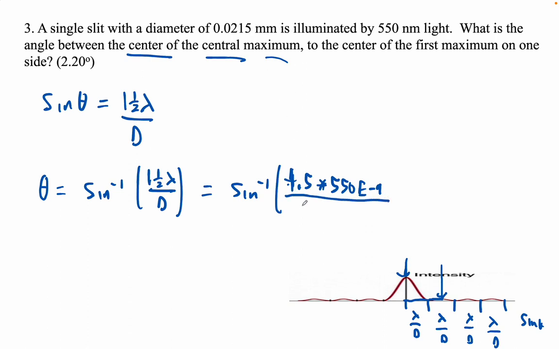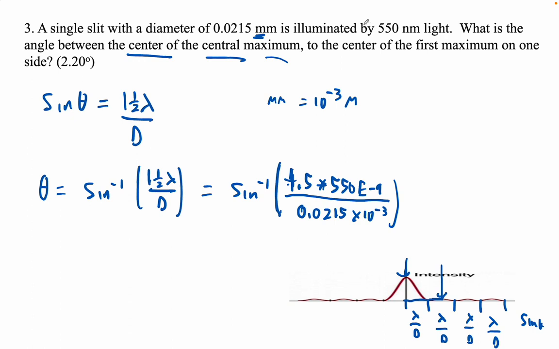D is 0.0215. Notice that that's millimeters. A millimeter is 10 to the minus third meters, so I'm just going to go times 10 to the minus third, and I'm all set.